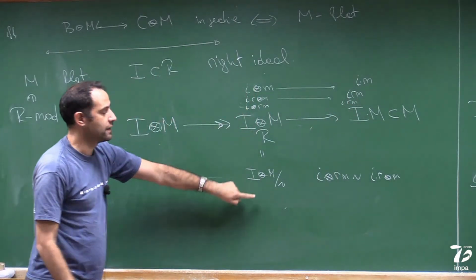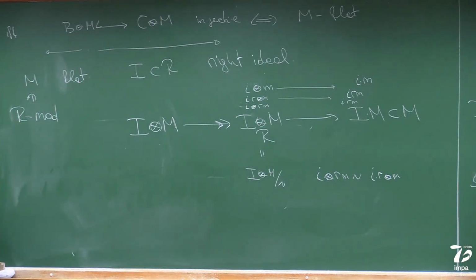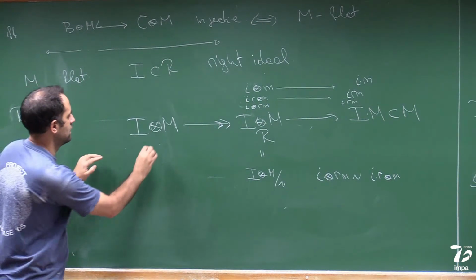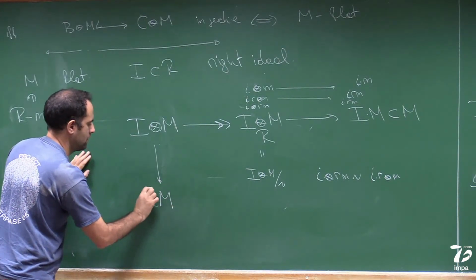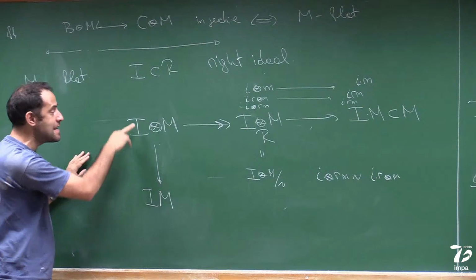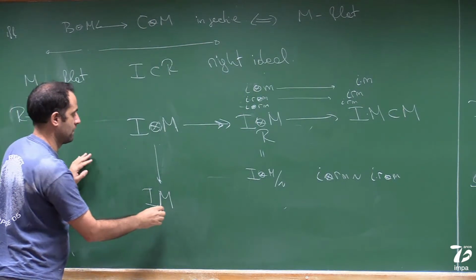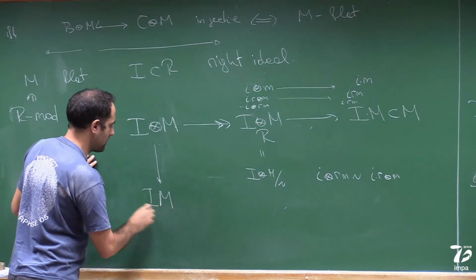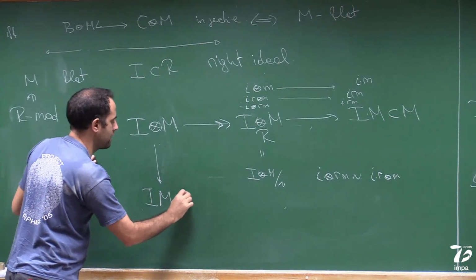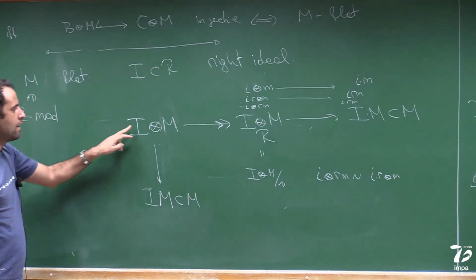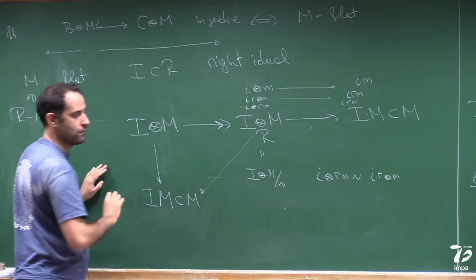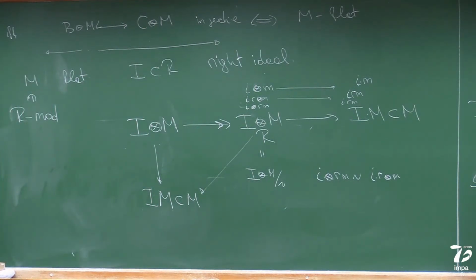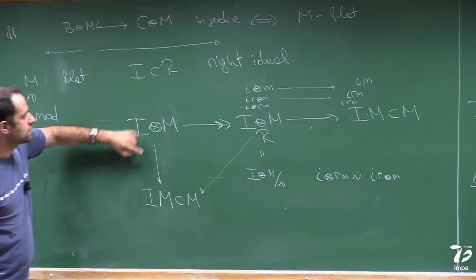So this is well defined in this quotient. In other words, I have a map from here to M. So this is just the definition, the image of this map. It's called this, and it's inside of M. And this guy factors through this quotient. So this map here factors through this quotient.